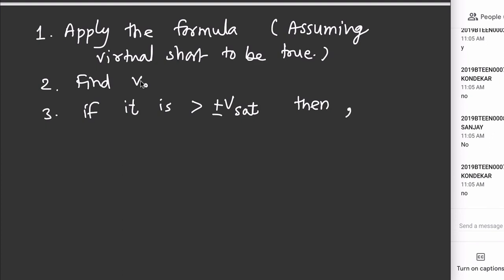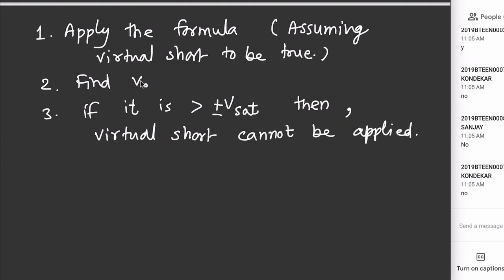Then virtual short cannot be applied. In that case the output will be limited to either plus Vsat or minus Vsat depending on the polarity of the signal. In the above case, it is minus 11 volt.